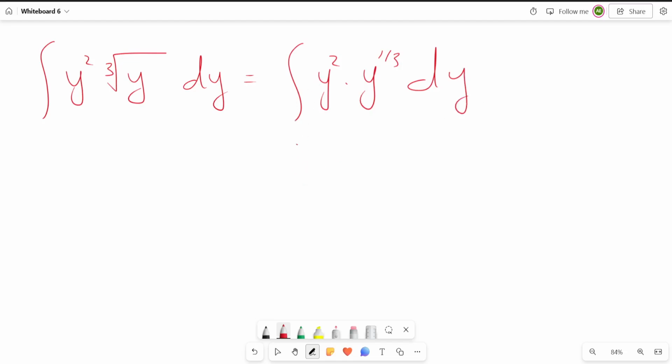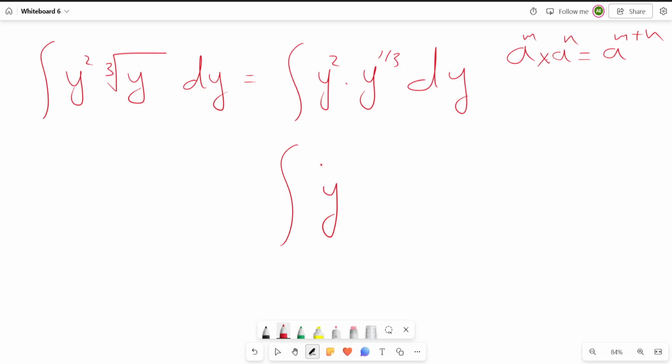So we know that a power m multiply a power n is equal to a power m plus n. So when we have the same base, which is in this case y, and they're multiplied, we can join them together and add the powers.